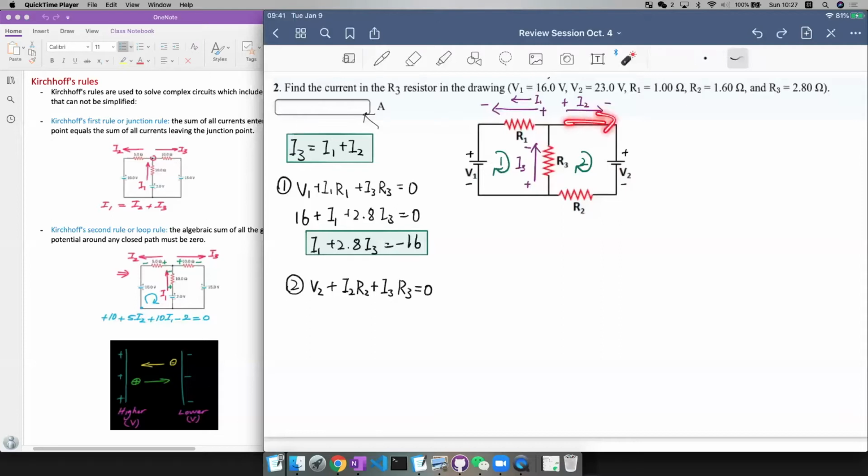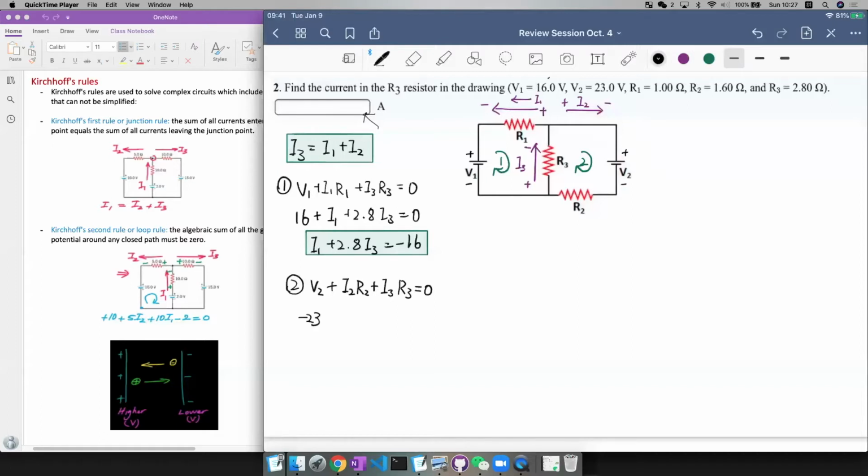This side nothing, and this side we go from higher to lower. So higher to lower is a loss, because we go from floor 5 to floor 2. We go downstairs, so it's a loss. So V2 should be negative, right? So now we write negative 23.